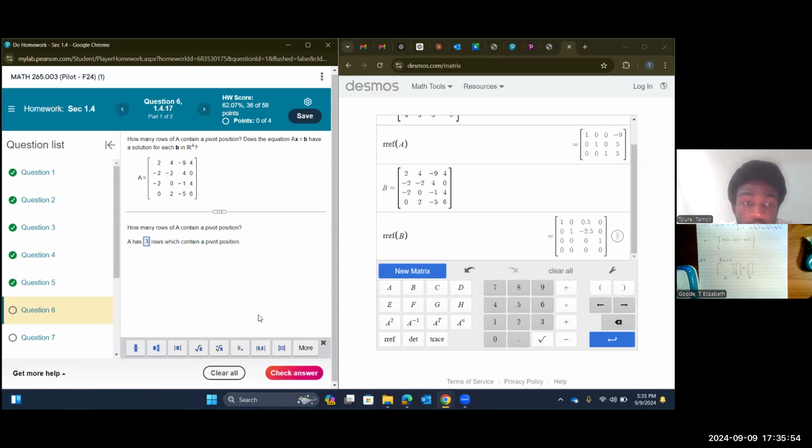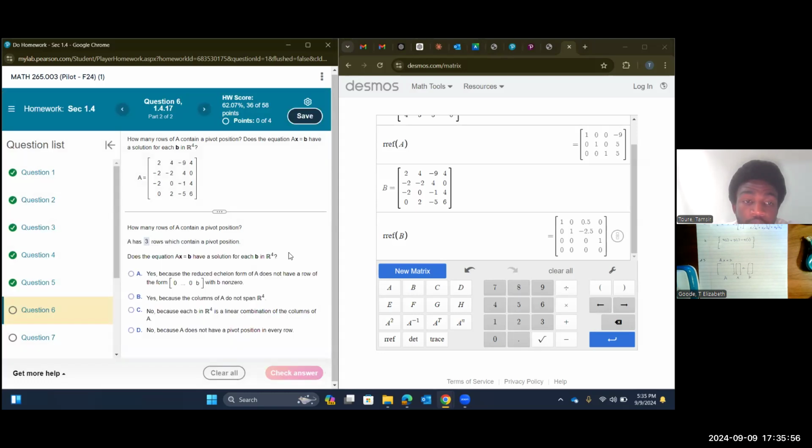By definition, whether you're looking at a coefficient matrix A or an augmented matrix, every first non-zero entry in a given row is a pivot position, whether that happens to be the row for the vector B on the other side of the equation in an augmented matrix, or a coefficient matrix.